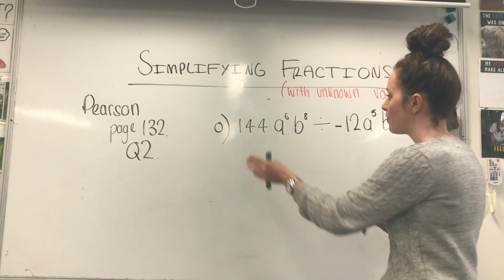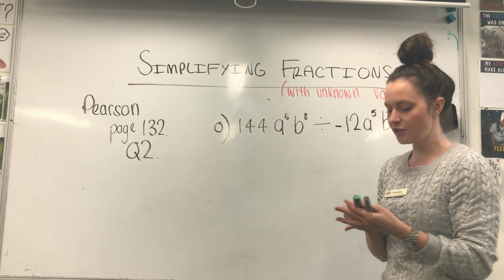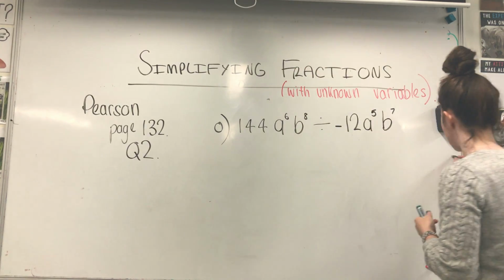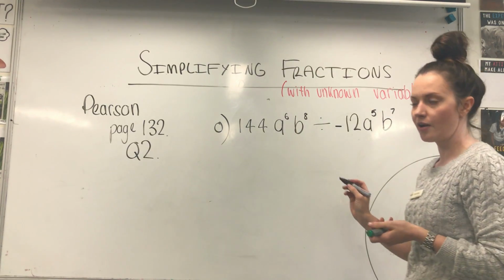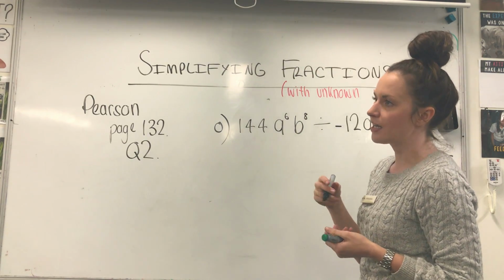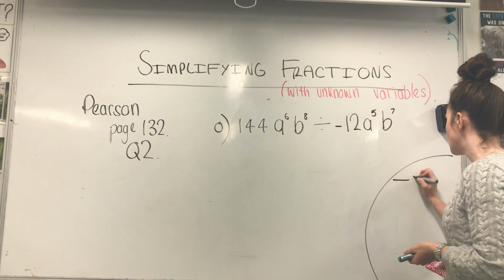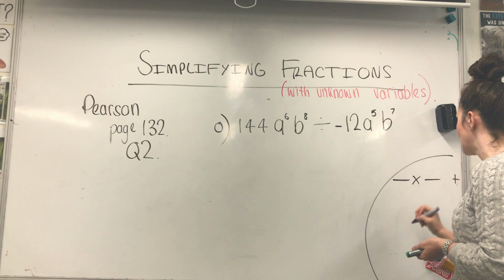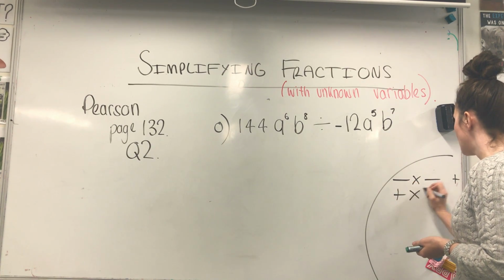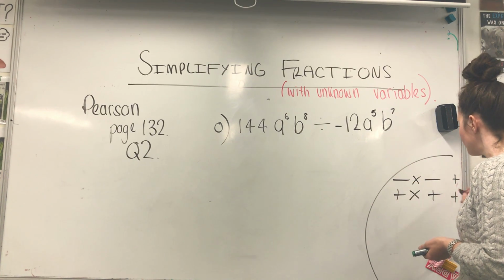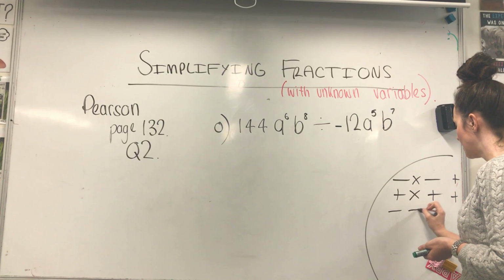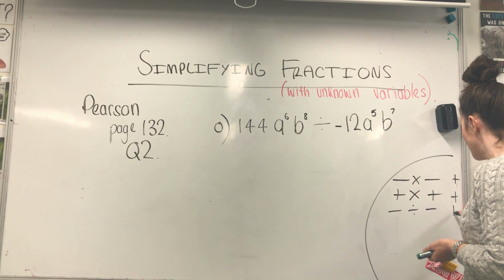Okay, so we're going to solve these coefficients first, and remember, going back to today, in relation to our rules for dividing and multiplying negative and positive integers, if you have 2 negative numbers and you times them together, it's a positive. If you have 2 positives and you times those together, it's a positive. If you have 2 negatives and you divide them, it's a positive.